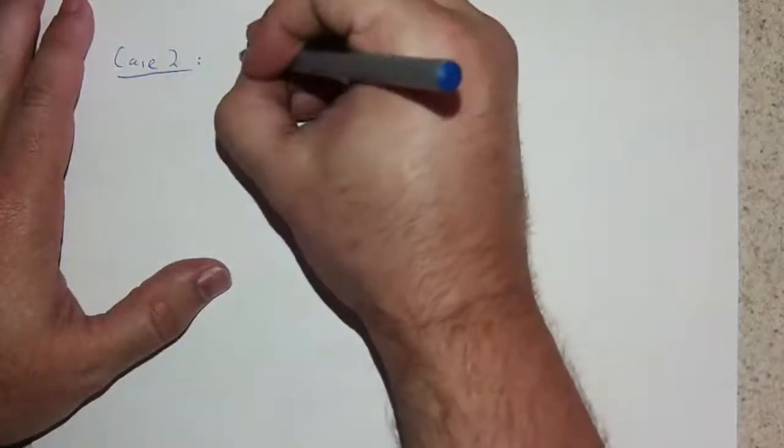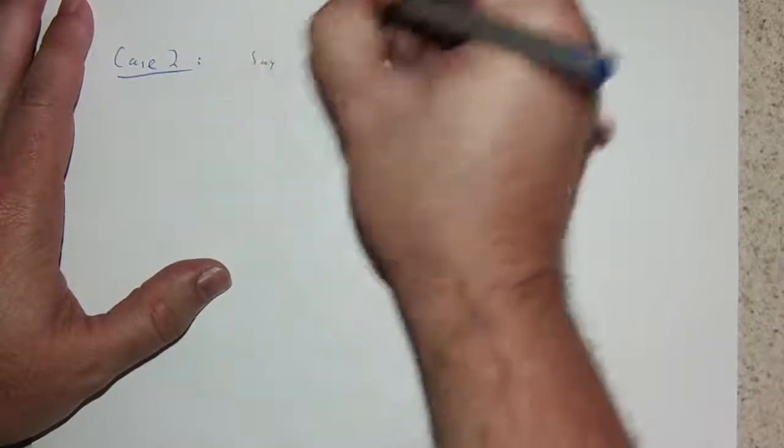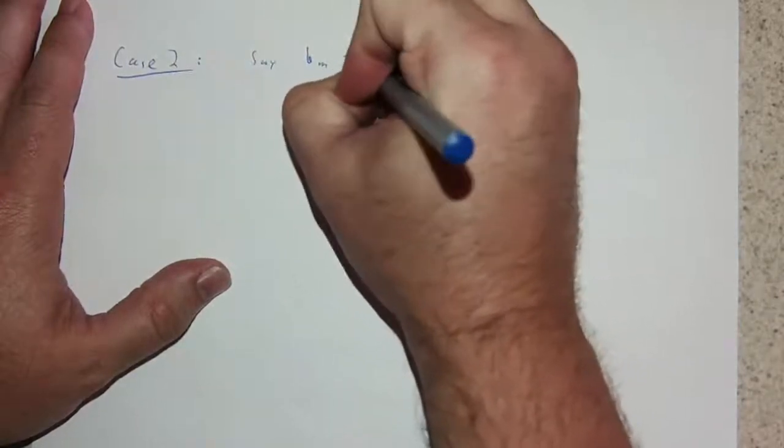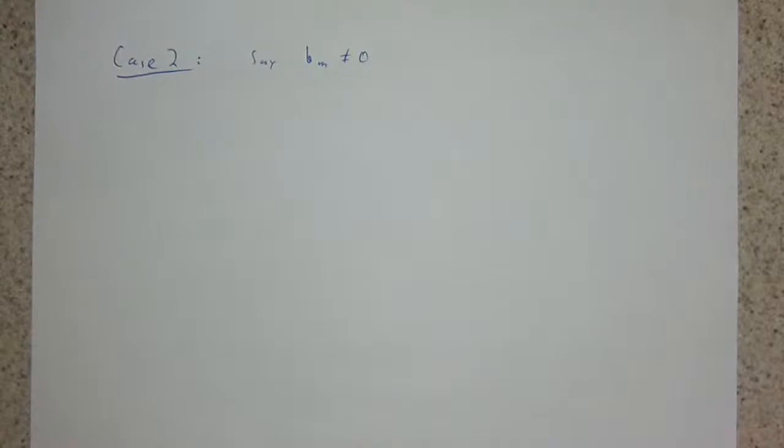So in case 2, the following is happening here, right? We have the principal part that has one non-zero term, and so in this case, for instance, in general, say b sub m is non-zero, right?